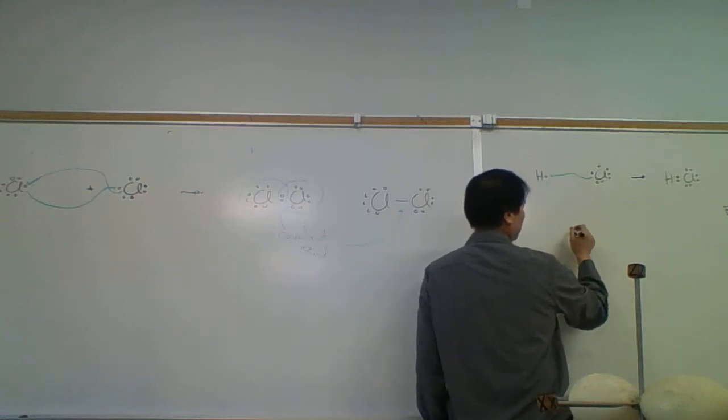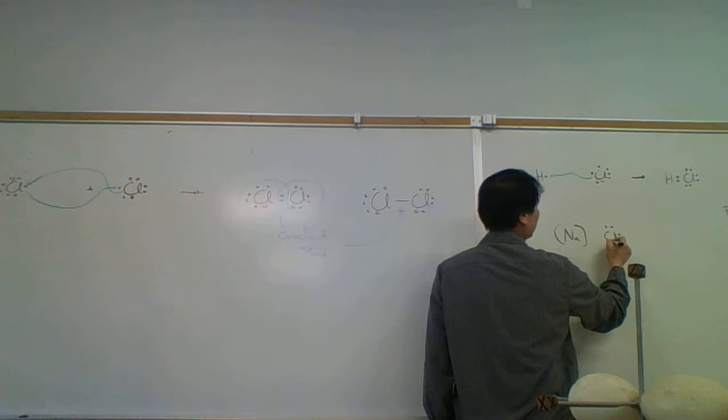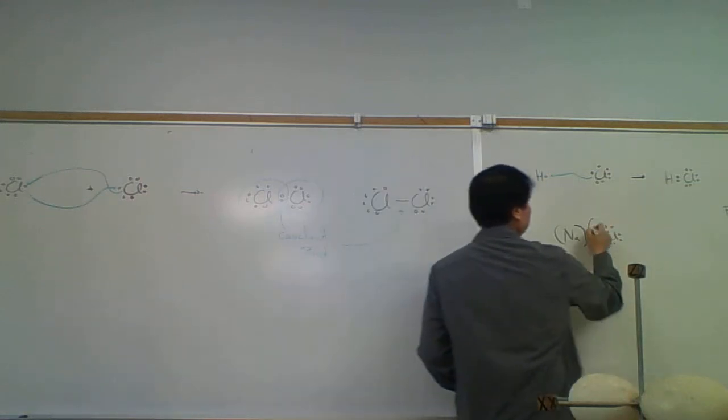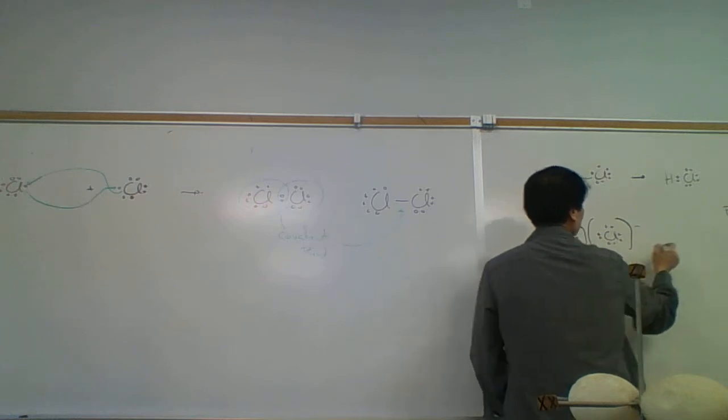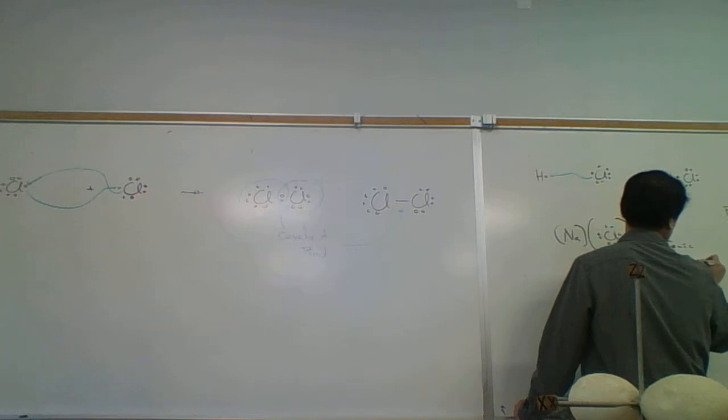And that would be the ionic bond. In an ionic bond, sodium lost, chlorine gained all of the electron density. So this is ionic. Ionic is winner take all.